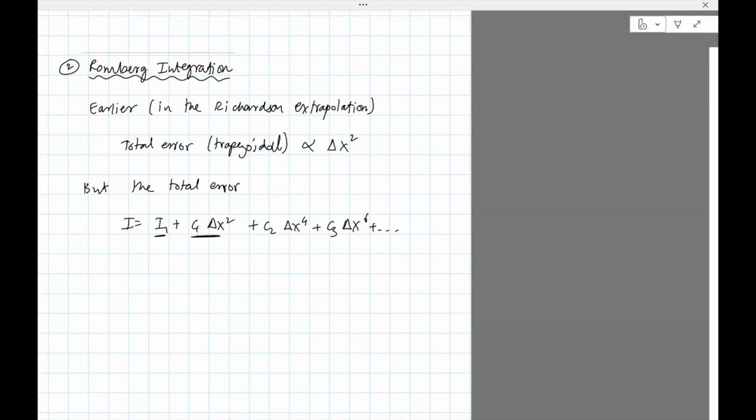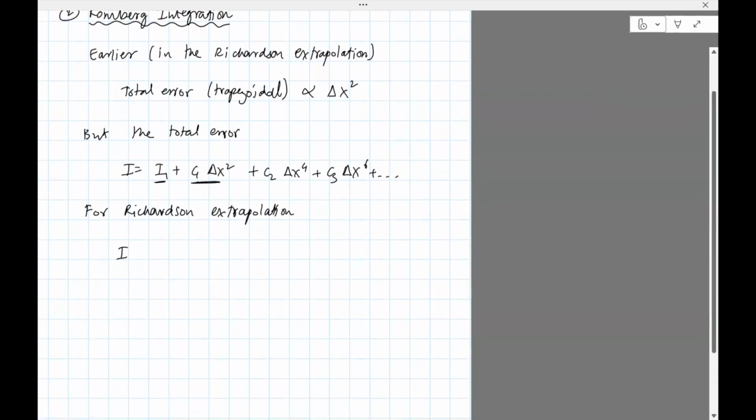Okay. Now what we did was for Richardson, an extrapolation, we assumed I is I1 plus C1 delta x square, effectively ignoring the higher delta x4 and so on.